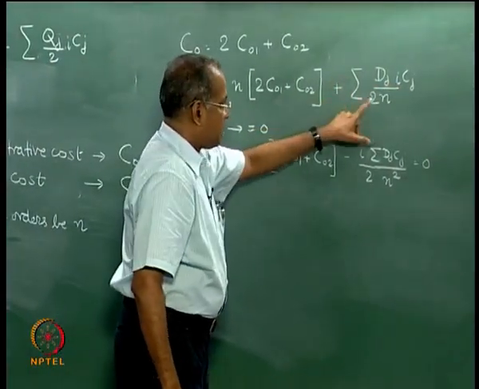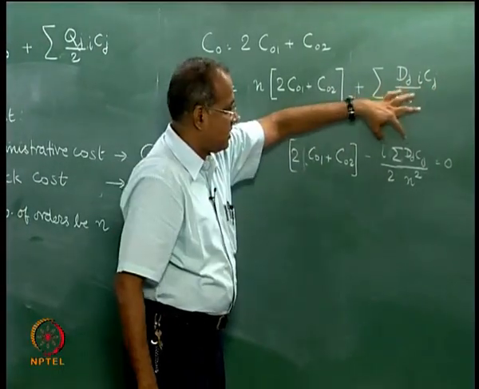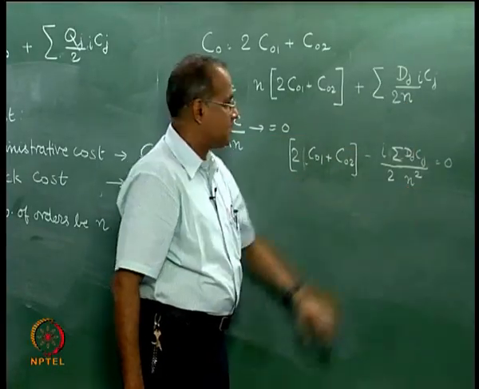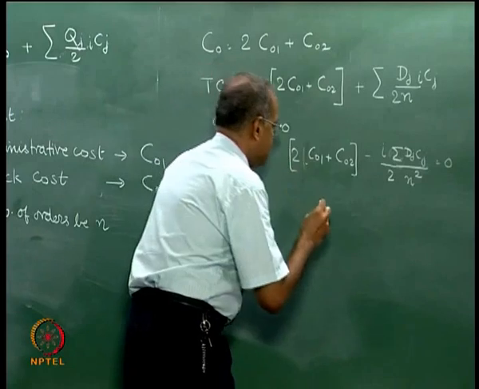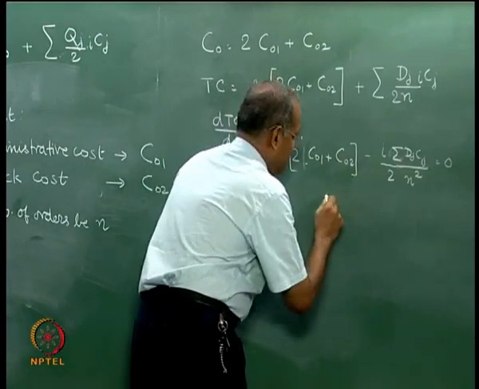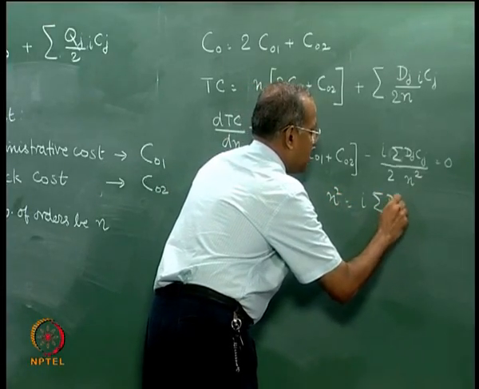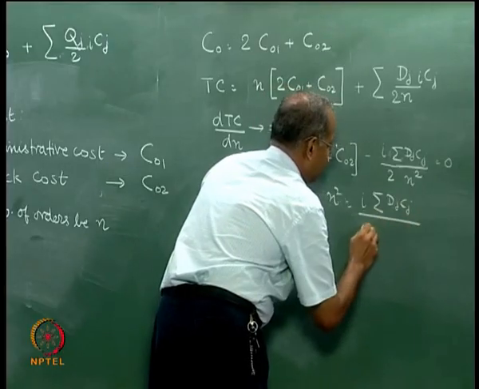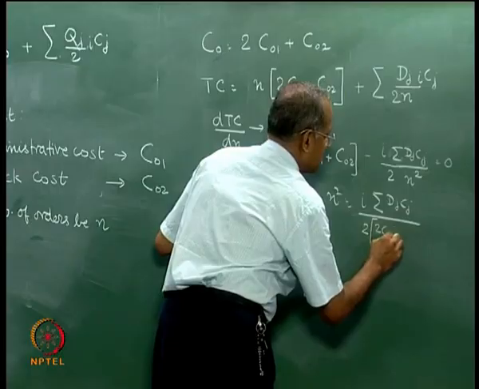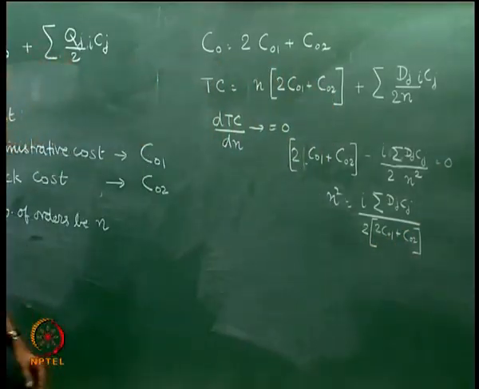I by 2 can be taken out, sigma dj cj is a constant, so it will remain here, 1 by n will give us minus 1 by n square is equal to 0. From this we will have n square equal to I into sigma dj cj by 2 into 2 times C01 plus C02.